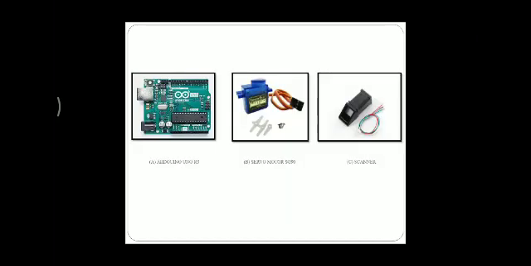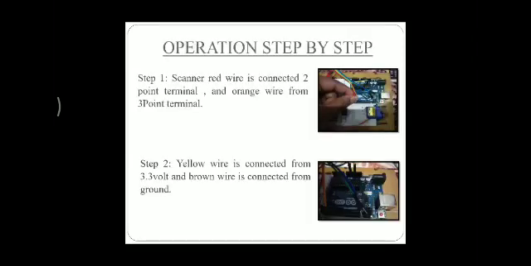Next slide. This is the equipment as figures: A, Arduino UNO R3; B, servo motor SG90; C, scanner. This is the construction of operation. You can see the operation step by step. Step 1, the scanner red wire is connected to the 5 point terminal and the orange wire from the 3 point terminal.